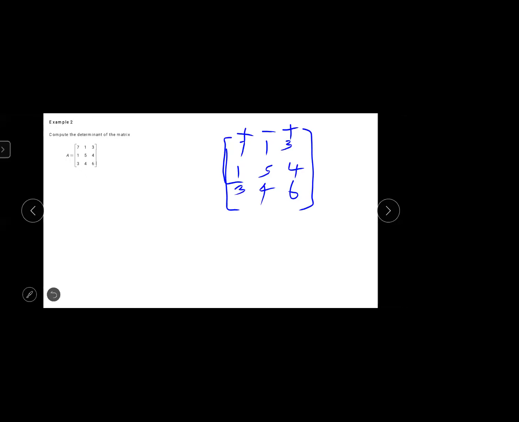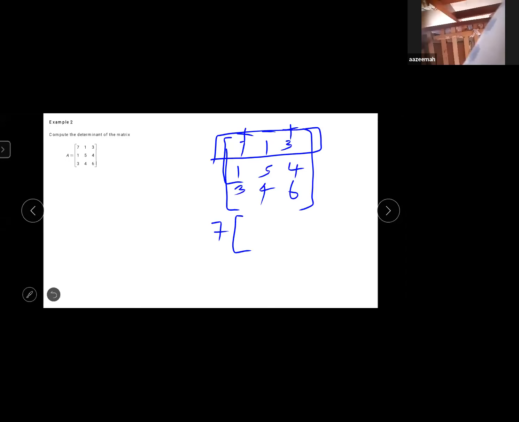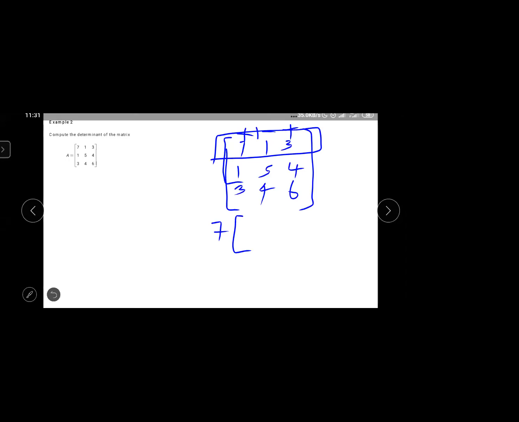I'm going to have 7. So what do we have left? I will cover the row of 7 and the column of 7. What do I have left? I have 5, 4, 4, 6. Yeah. So I will go to the second one. That is -1.